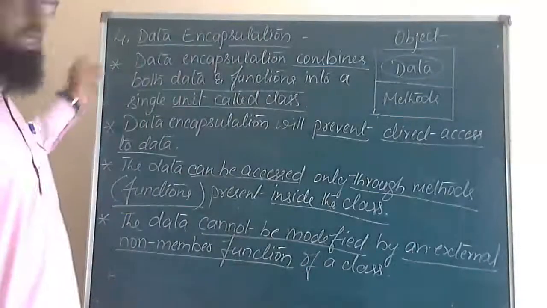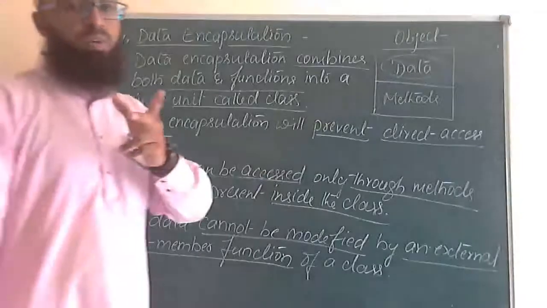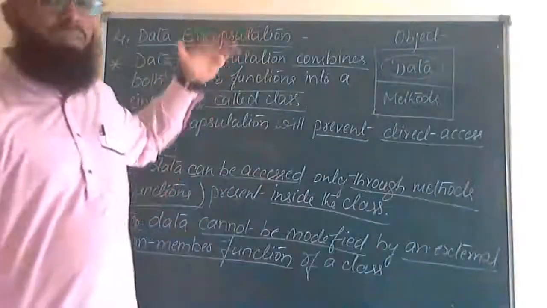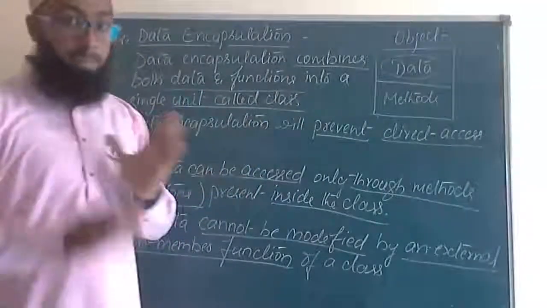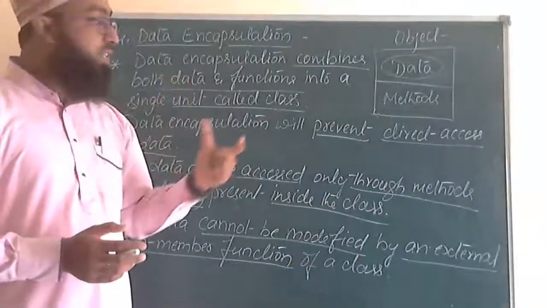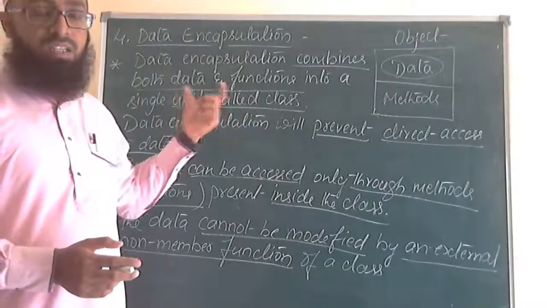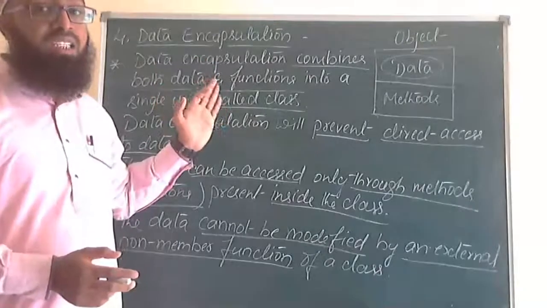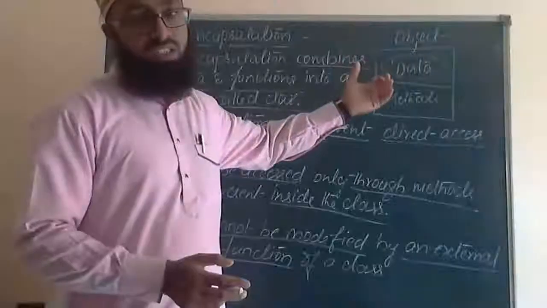It means if one class is there by name student, it has two member functions: one is get data, another one is read. And one more class is there by name teacher. It also has get data and display. But the functions present under the teacher class, get data and display, are non-member functions for the class student.